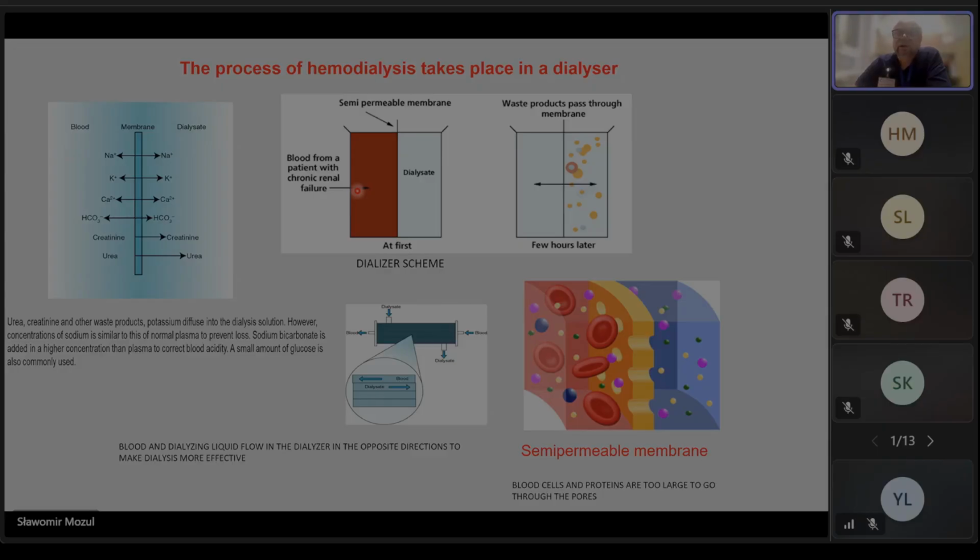Bicarbonate diffuses in the opposite direction to metabolic waste products because its concentration in the patient's blood is low. But the formed elements like cells of the blood and plasma proteins are too large to pass through the pores of the semi-permeable membrane.